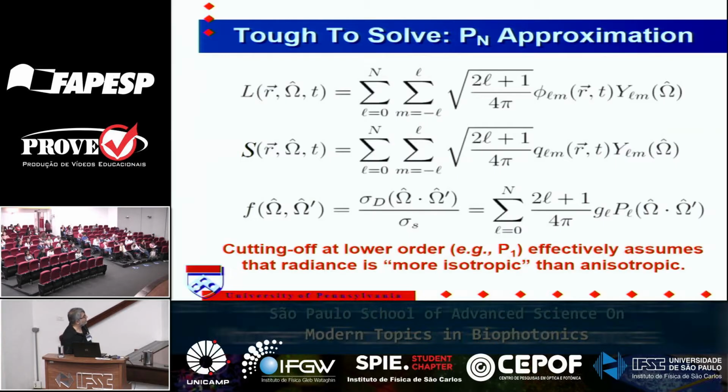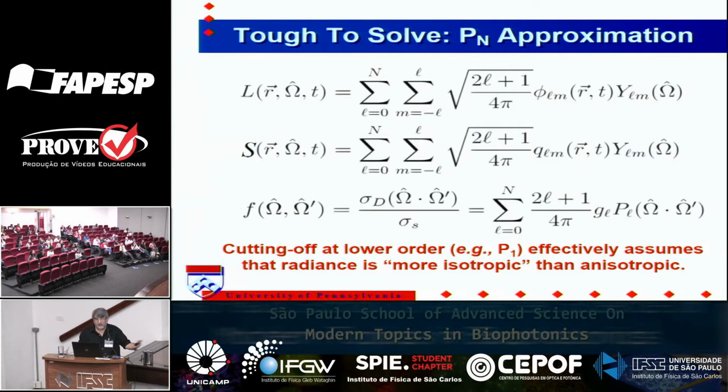Essentially, you stuff all this back into the transport equation and then just collect the terms at different orders. If I collect the lowest order terms, 0 and 1, effectively what I'm doing is assuming that the radiance is mostly isotropic, because the 0th order is the isotropic contribution, and the 1st order is the lowest order anisotropic contribution.